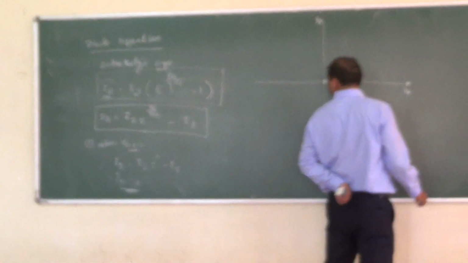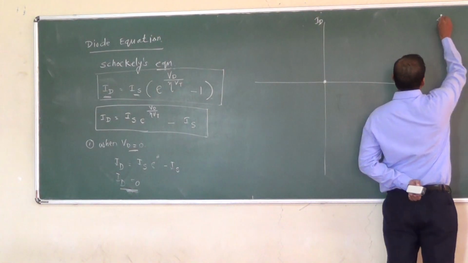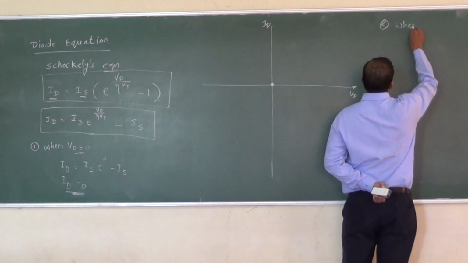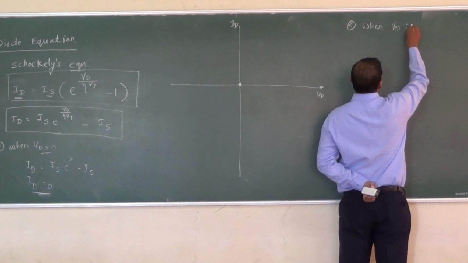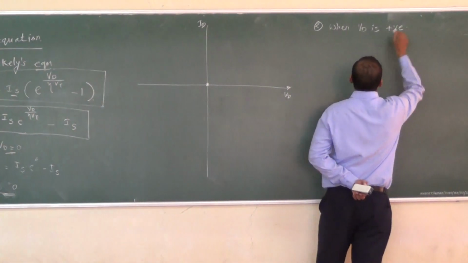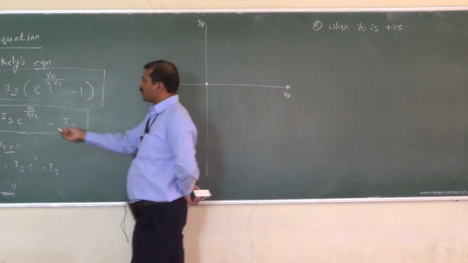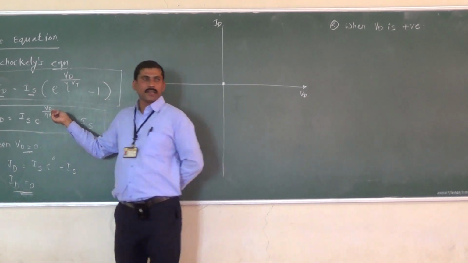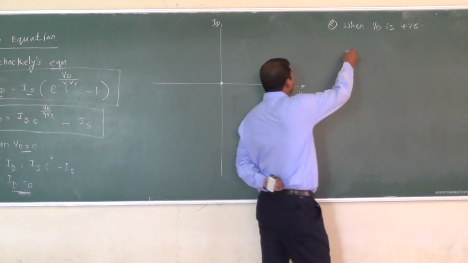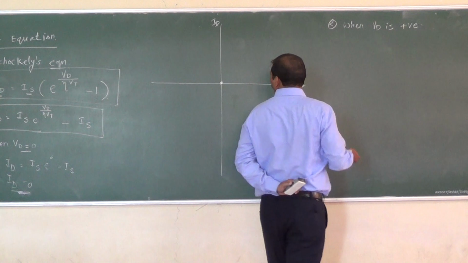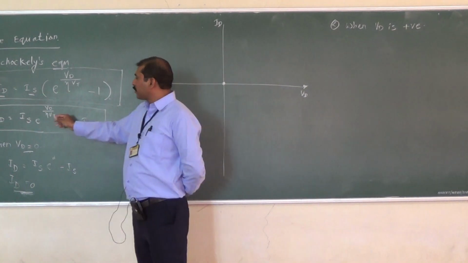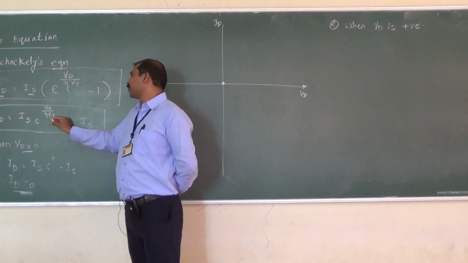Next, if we see the second case, when Vd is positive, that is forward voltage is positive, it means the diode is in forward bias condition. Then we need to know at what temperature we are calculating. Let us calculate at room temperature.